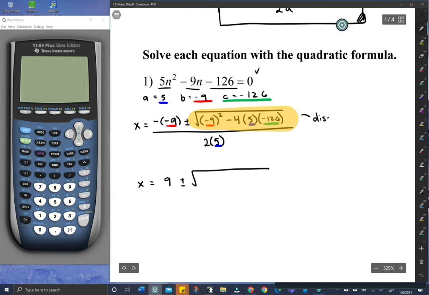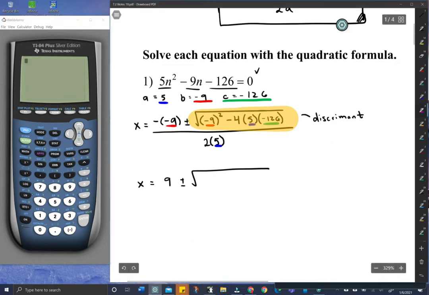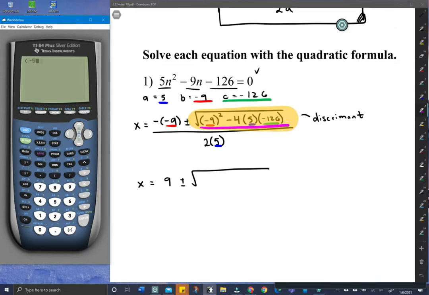It has some special things that it can do later on, but please do that whole thing in your calculator. I know it doesn't seem like much, and the key thing, do it before the square root. So just do the stuff in pink in your calculator: negative 9 squared minus 4 times 5 times negative 126.